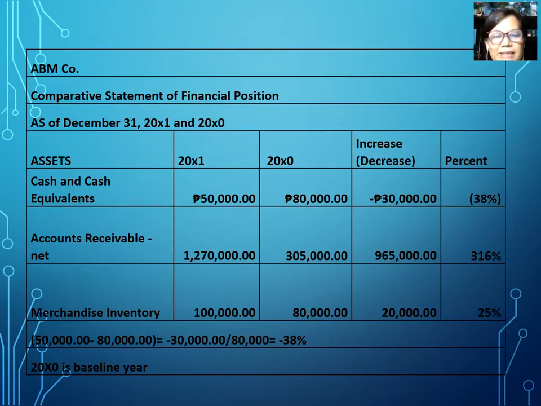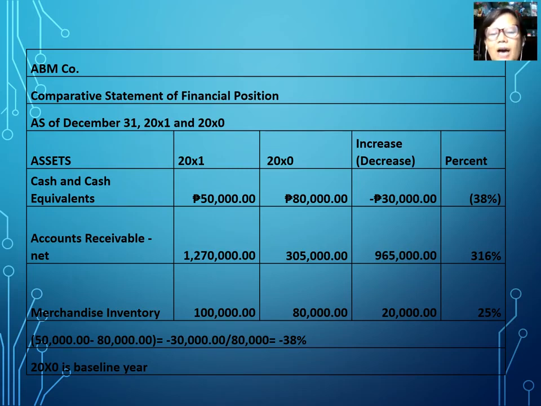Now, how about merchandise inventory? In 20x1, it is 100,000. In 20x0, it is 80,000. So there is a difference of 20,000 or an increase of 20,000. Now, what is the percent? Yes, 25%.